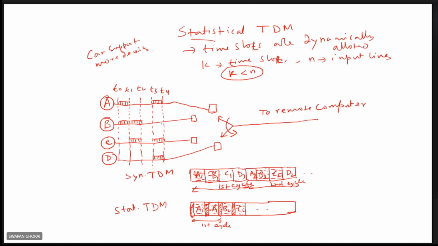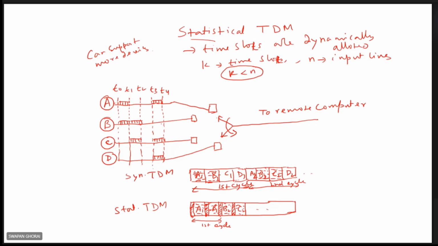So in the course of time it is not known in which slots which source's data is present. For that purpose, address information is required. Some address information must be there to ensure proper delivery.